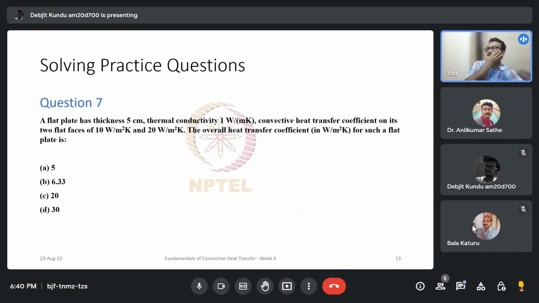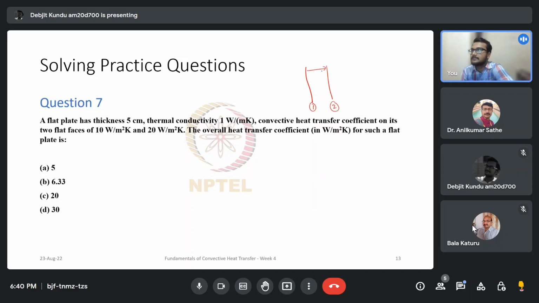Moving on, we'll move on to question number 7 of today's session. This is once again a numerical. A flat plate has a thickness of 5 centimeters and thermal conductivity 1 watt per meter Kelvin. The convective heat transfer coefficients on its two flat faces are 10 and 20 watt per meter square Kelvin. So there is a plate like this, with one face, let's call it face 1, and another face 2.